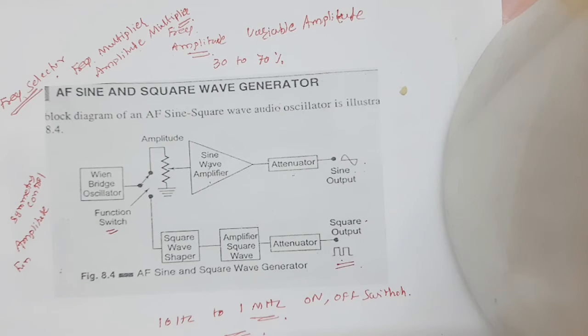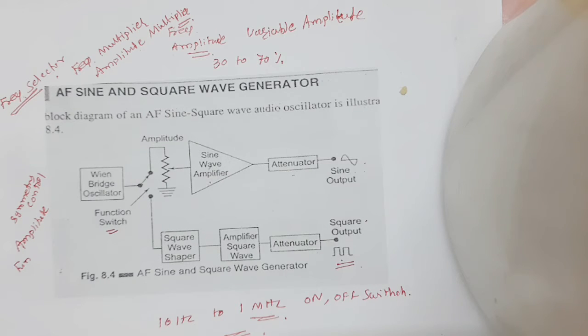The various outputs of the generator can be made available at the same time. For example, the generator can provide a square wave to test the linearity of an amplifier and simultaneously provide a sawtooth to drive the horizontal deflection amplifier of the CRO to provide a visual display.